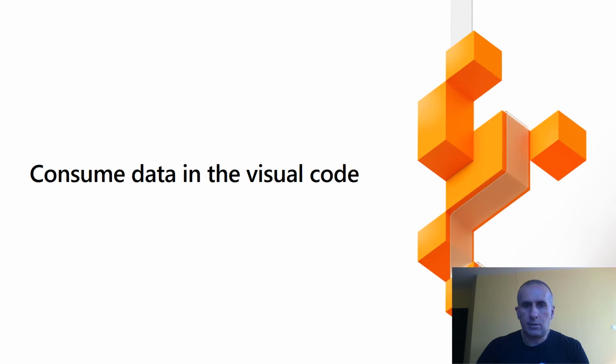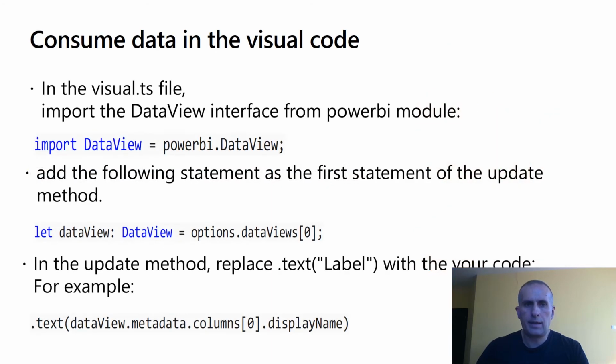To understand how custom visual works, we need to go in details how data is consumed in the visual component code. And it is something which happens in visual TypeScript file. Again, I am adding notes that the main file which is responsible for these functionalities can be with different name.